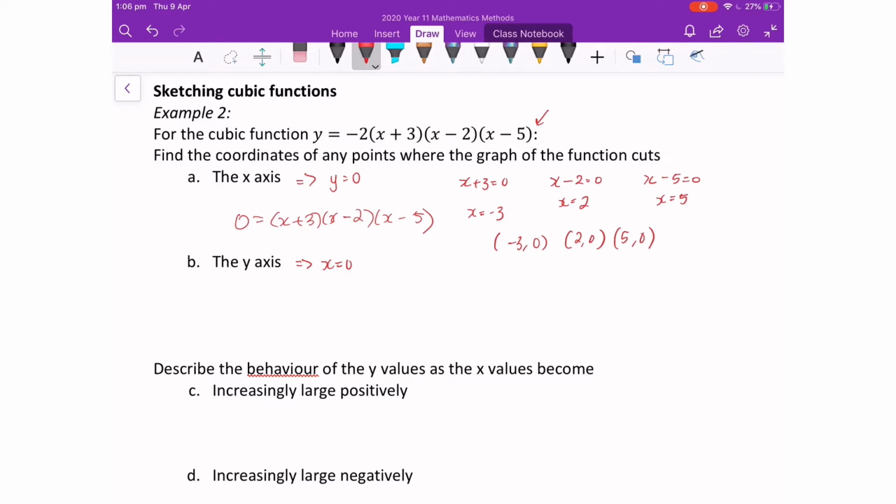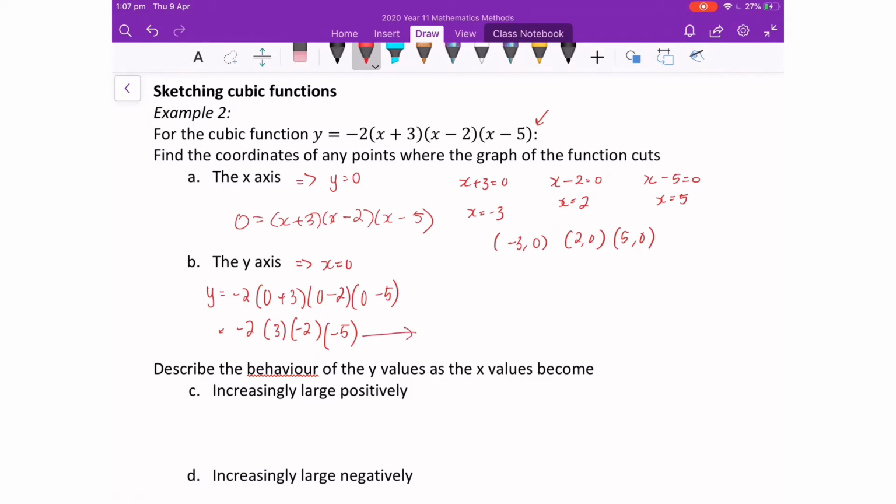So let's do my next bit. Let's find my y-axis intercept. So I'm going to go y equals -2(0 plus 3)(0 take 2)(0 take 5). So basically I'm just multiplying by all these numbers here. So I've got -2 times 3 times -2 times -5.